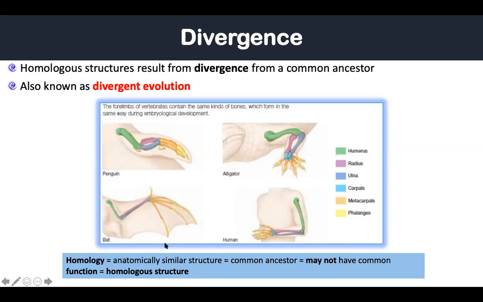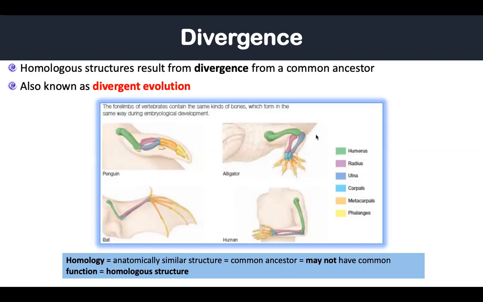Another example given here is the four limbs of a penguin, alligator, bat, and a human. As you can see, we all have the same bones present, but they look morphologically different, the internal structure.